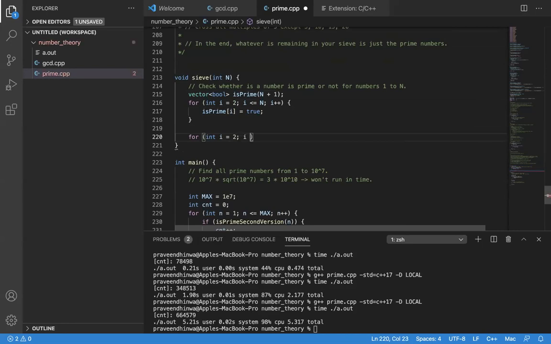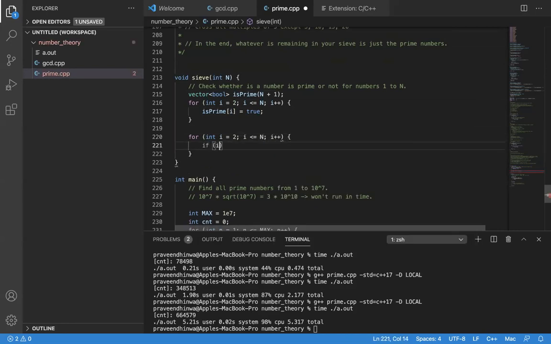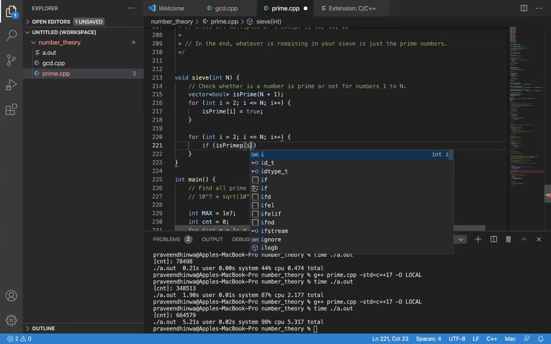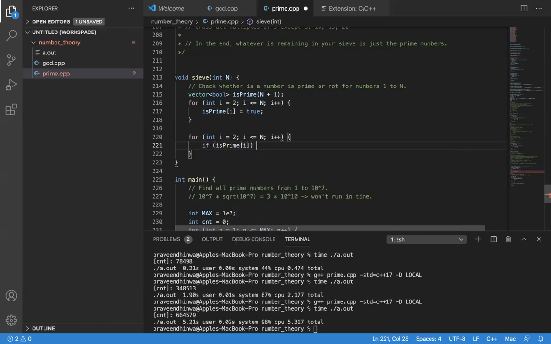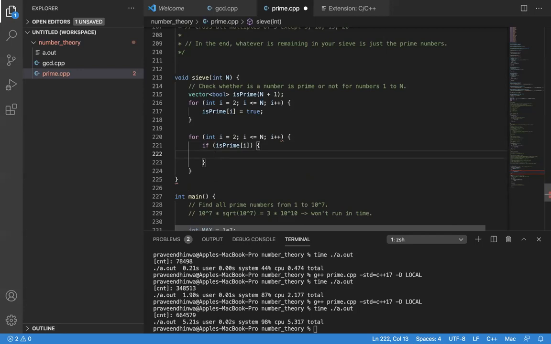So then I go from 2 to n, and if this number is prime of i, then I will go over all multiples of i. So what do I do? For int j, multiples of i, I'll start from 2i, that is i plus i, and j less than or equal to n, j plus equals i.